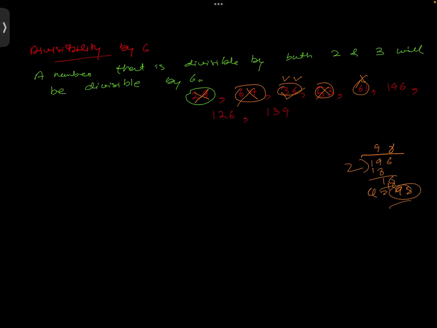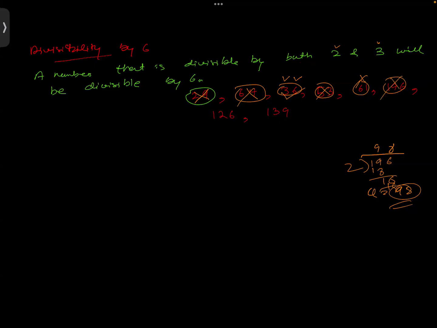But the number 196 is not divisible by 3, because you recall the rule of divisibility by 3: the sum of all the digits should be divisible by 3. 6 plus 9 is 15, 15 plus 1 is 16. But 16 is not divisible by 3, hence the whole number is not divisible by 3. So it is divisible by 2, but not by 3, hence the number is not divisible by 6. The condition is that it should be divisible by both of them. So it is no.